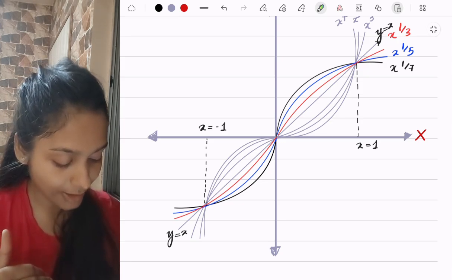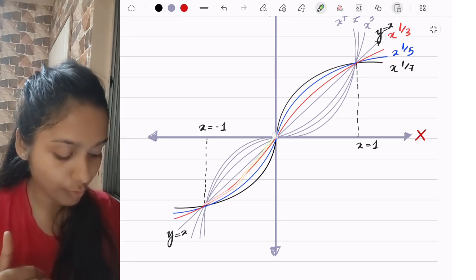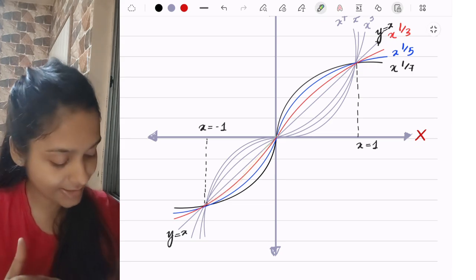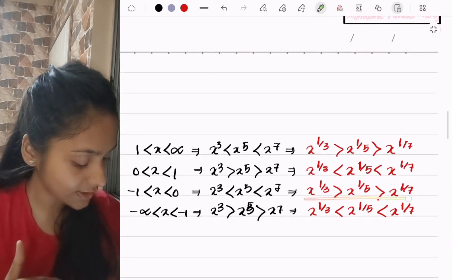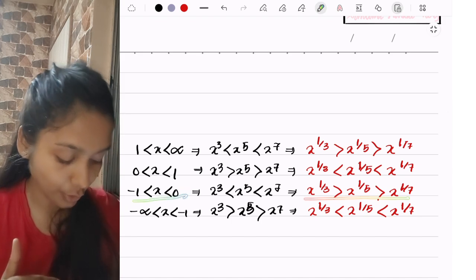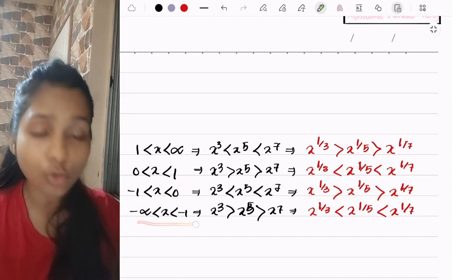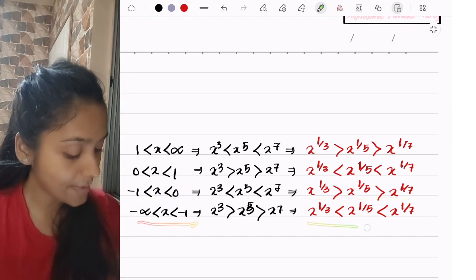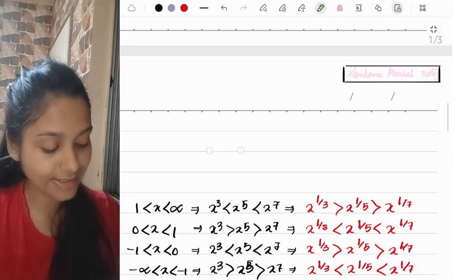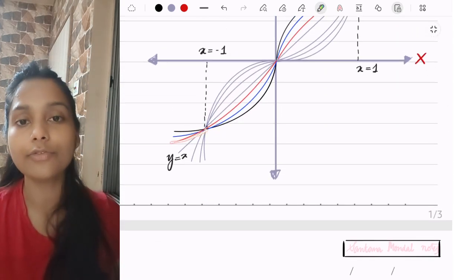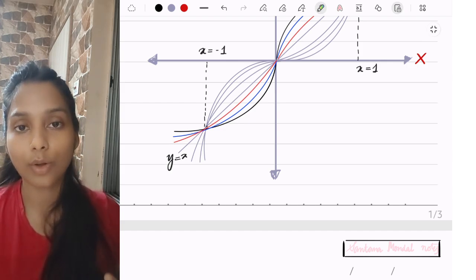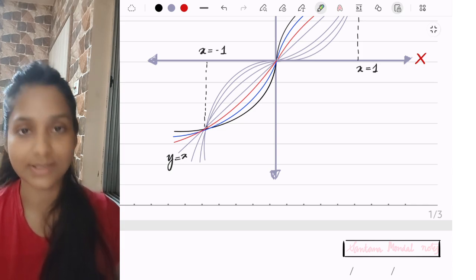Again in the -1 to 0 interval, we have x power 1 by 3 as the highest. And for the -infinity to -1 interval, we have again x power 1 by 3 as the least, and we can see this red curve is the least among the different values of x power 1 by (2n+1).